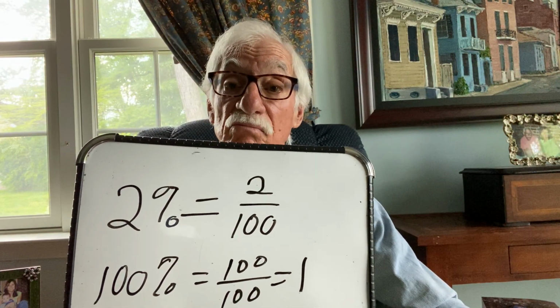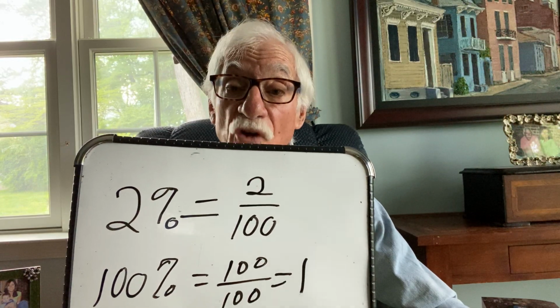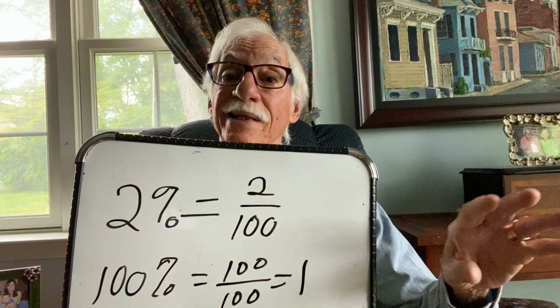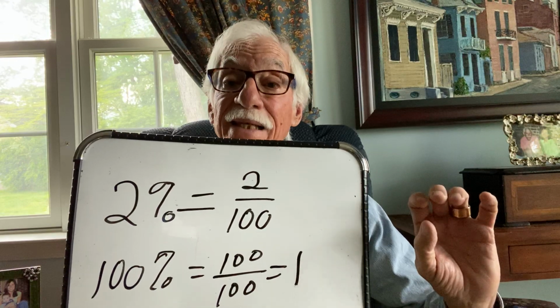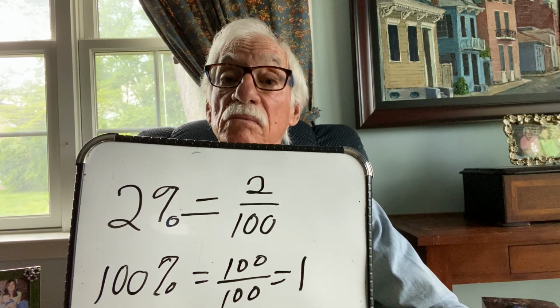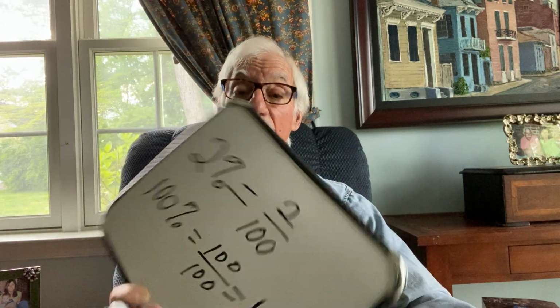So 100% is all, and any number less than 100 is less than all. So let's look at some percentages expressed as a fraction. Remember, it's less than all if it's less than 100.